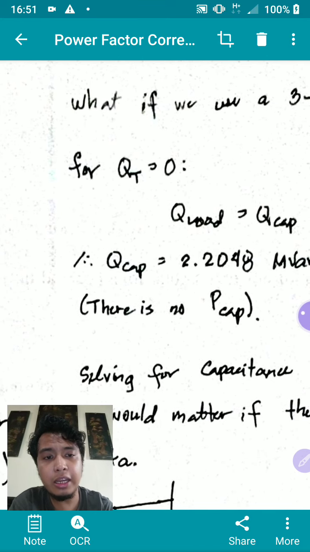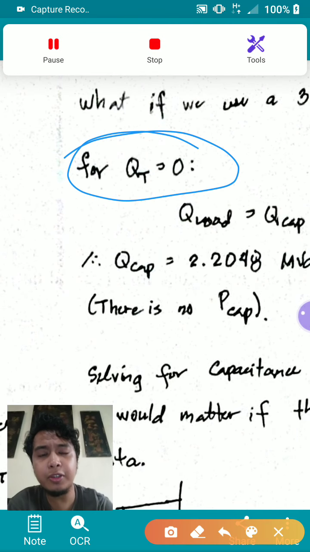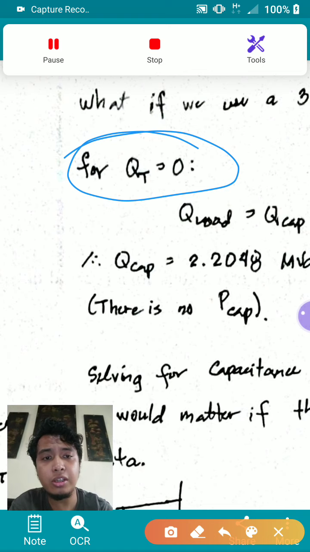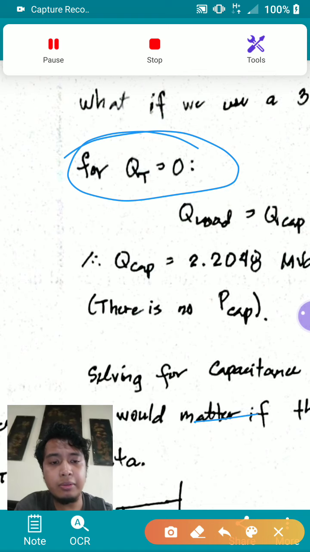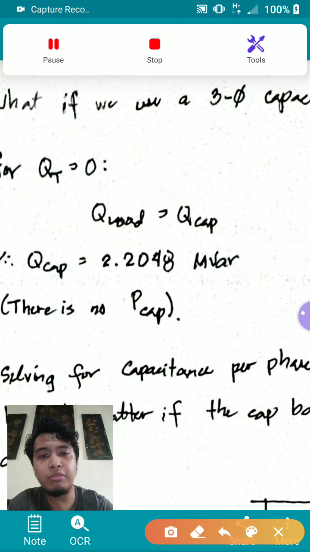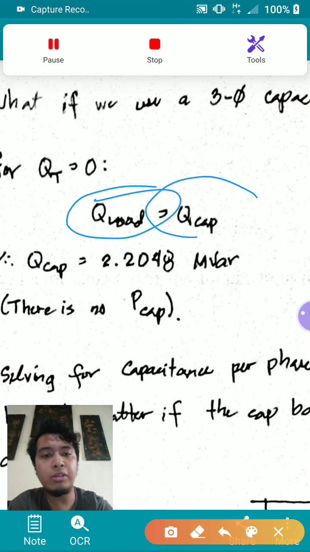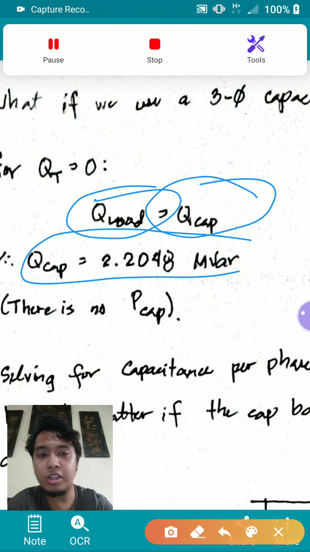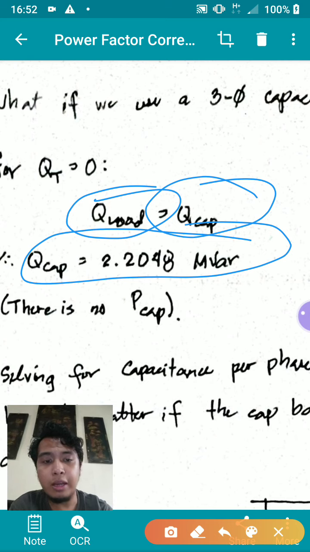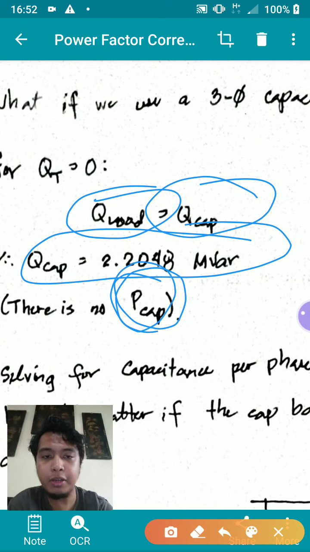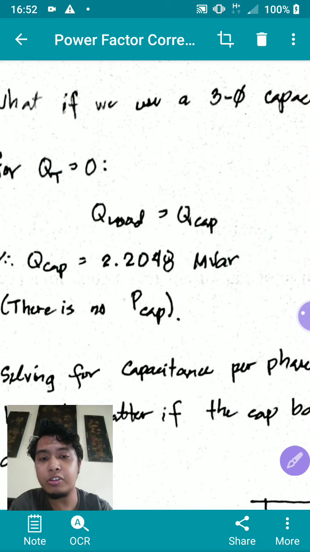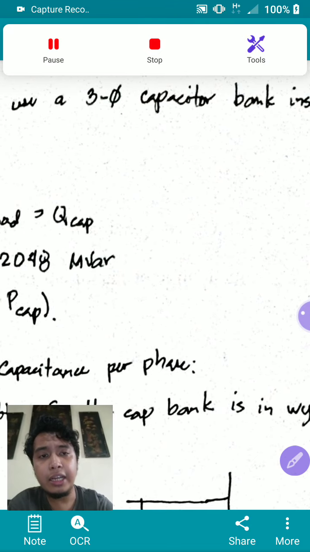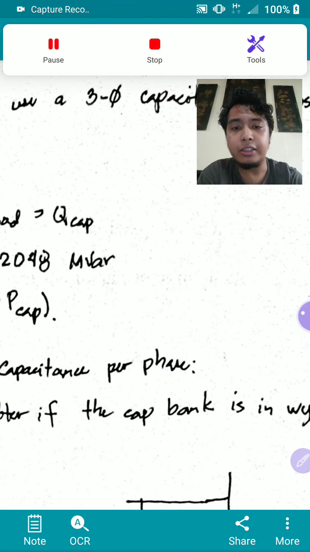So I'll still be solving for Q total equal to 0, and that tells me that for that to happen, my Q load must be equal to Q cap, which is essentially 2.2 megavar. There is no real power since this is a capacitor bank.